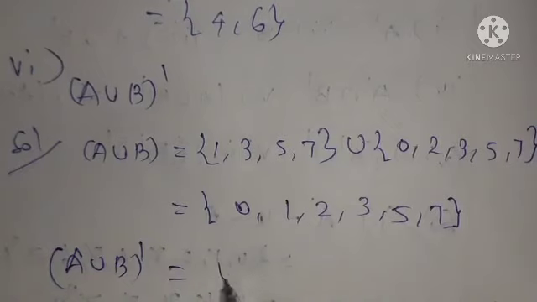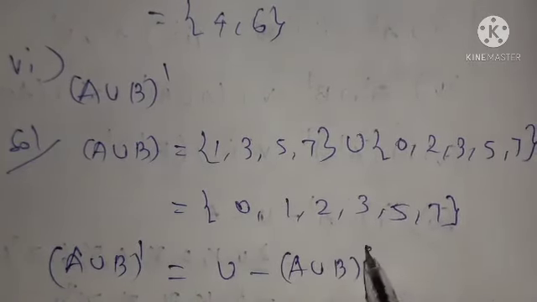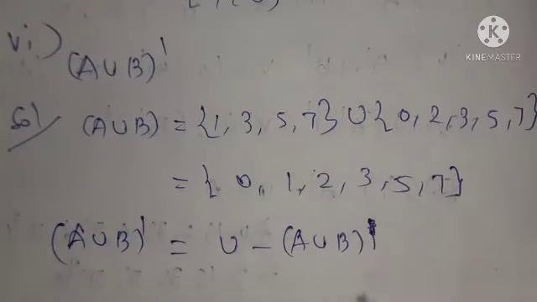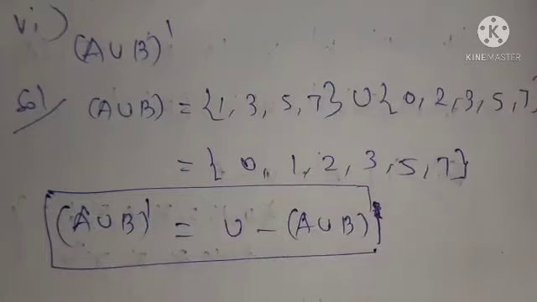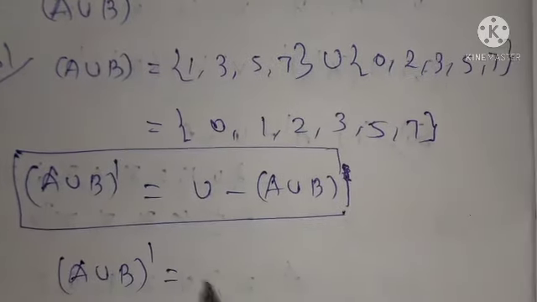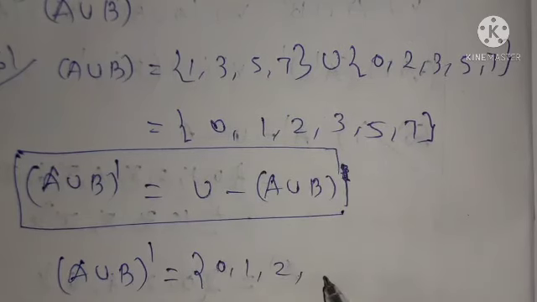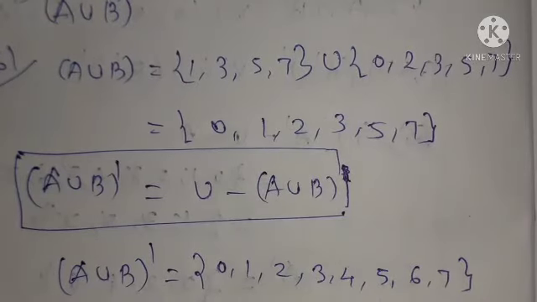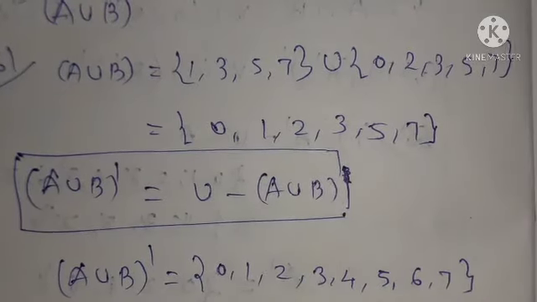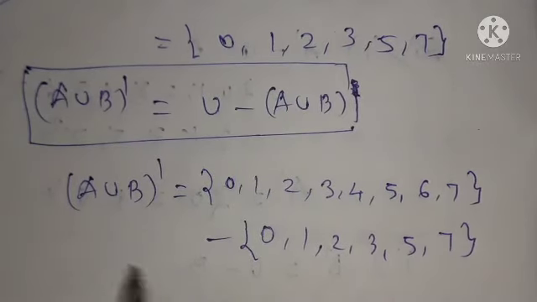Now A union B whole dash equal to universal set minus A union B. First write the universal set elements: 0, 1, 2, 3, 4, 5, 6, 7 minus A union B 0, 1, 2, 3, 5, 7.